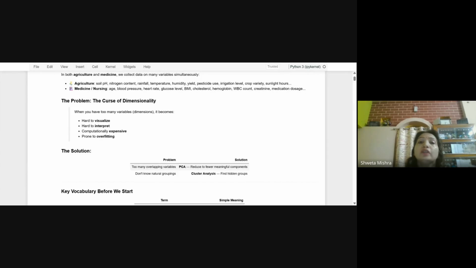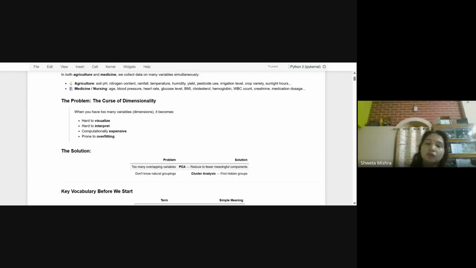If you are looking at a patient, what kind of data or information can you get? Or if we, as an agriculture expert or researcher, want to look at a field, what kind of data or information will we get from there?